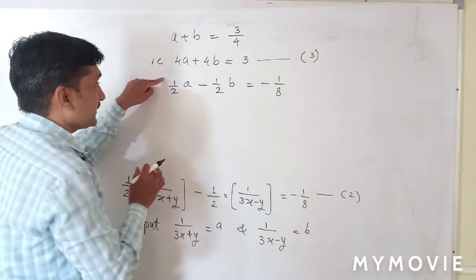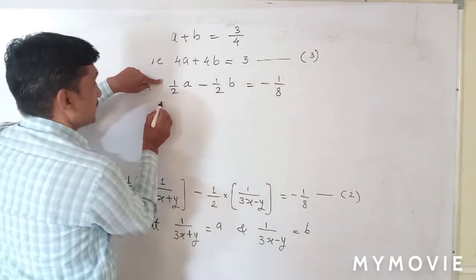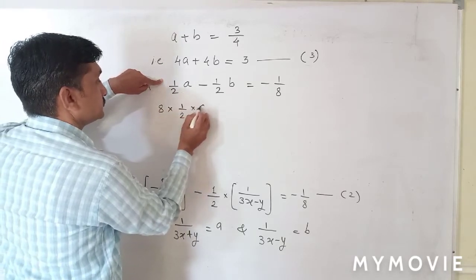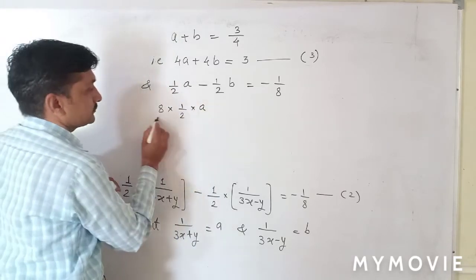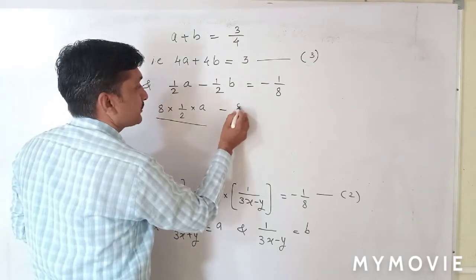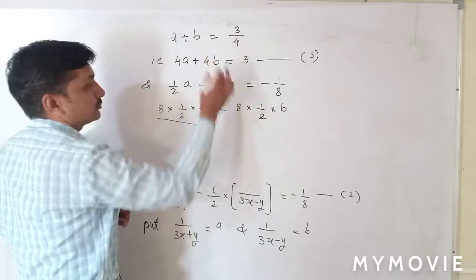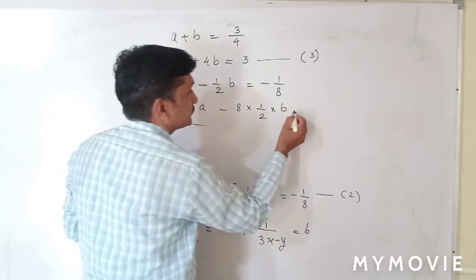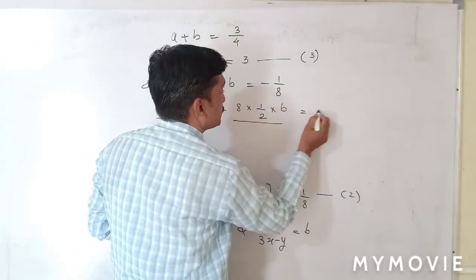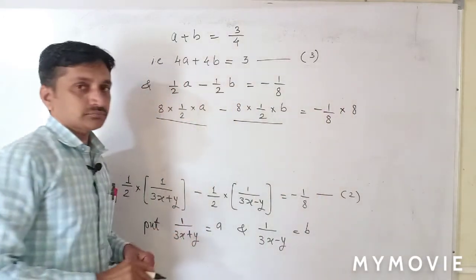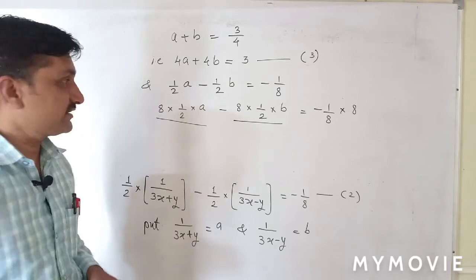Therefore multiply by 8 here, here and here. Multiply by 8, and on the right minus 1 upon 8 into 8, we multiplied by LCM 8.